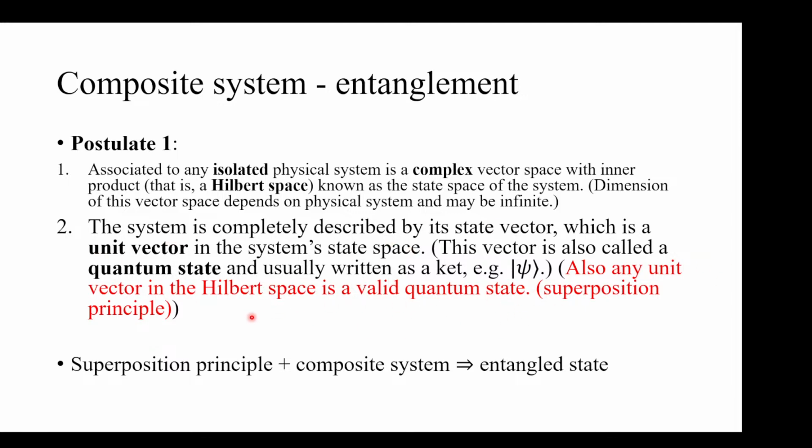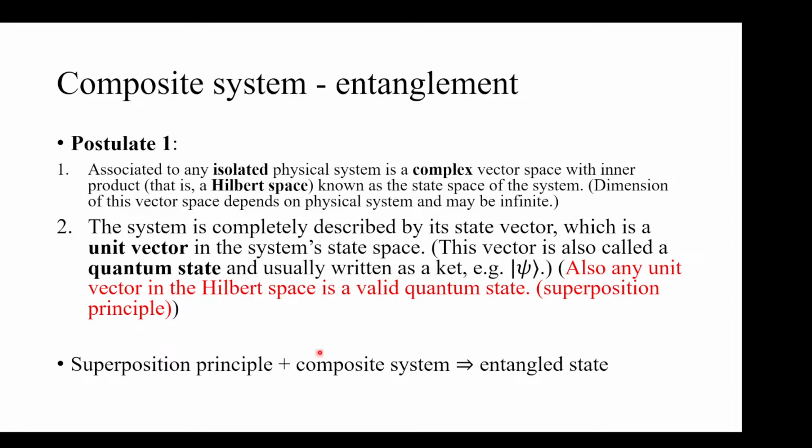This parenthesis here is what physicists call the superposition principle. Physicists believe in this principle that every superposition of a quantum state is still a valid state. That's how you get that any unit vector is a valid quantum state. So any vector in the Hilbert space is a valid quantum state, and so we have the superposition principle here.